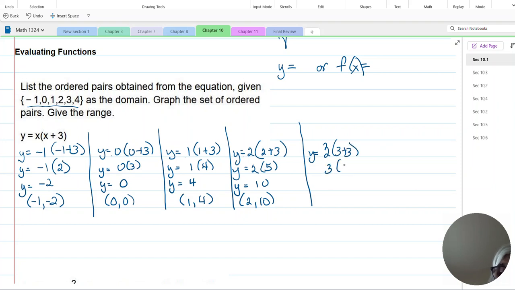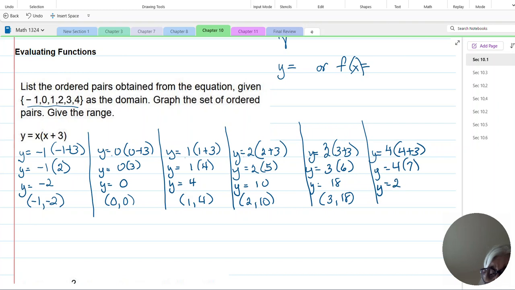So I have 3 times 6. Now they're getting very large, aren't they? 18. My ordered pair is (3, 18). And right along. Now I'm going to have the last one, y equals 4 times (4 + 3), 4 times 7, y equals 28.